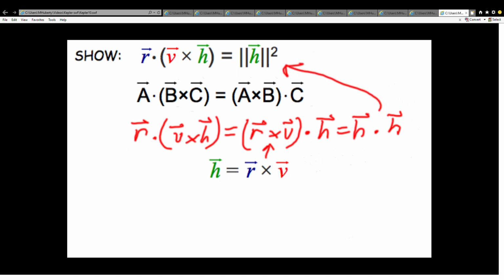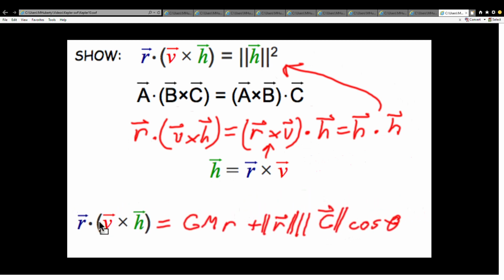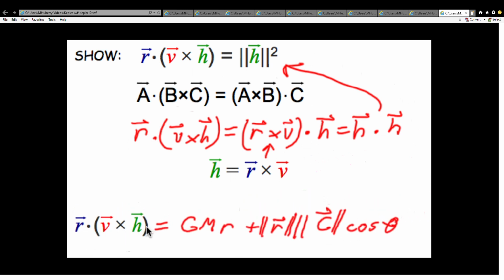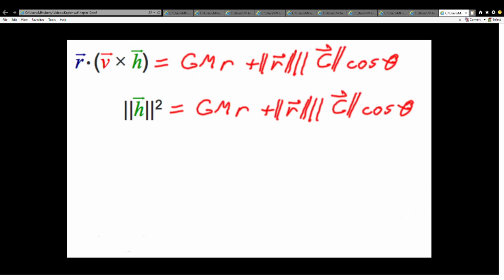Now we've got this form here, but we also came up with this earlier version of r dot v cross h. So all of this stuff is also equal to the magnitude of h squared. Let me replace the magnitude of vector r with r.